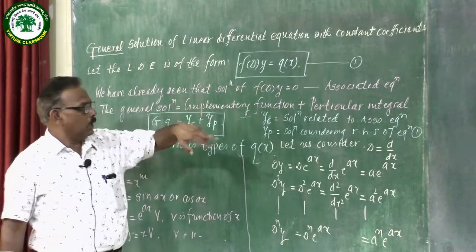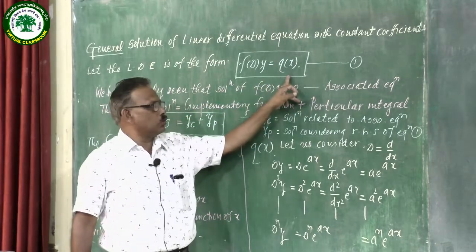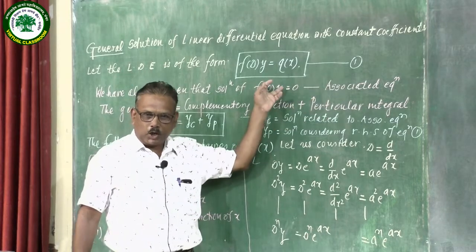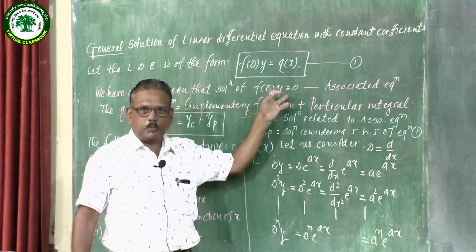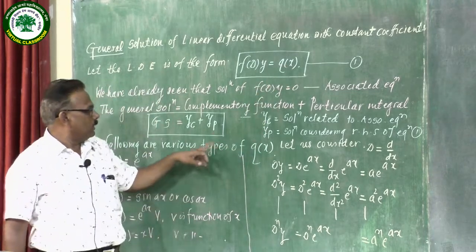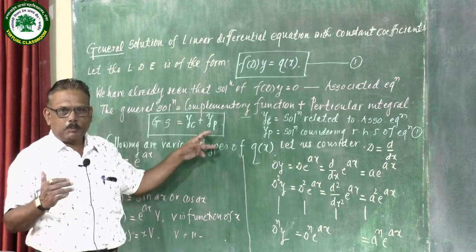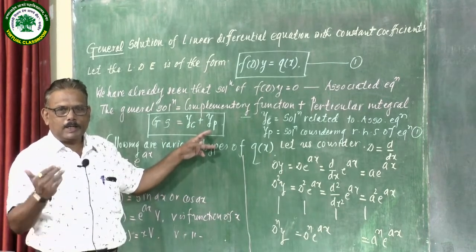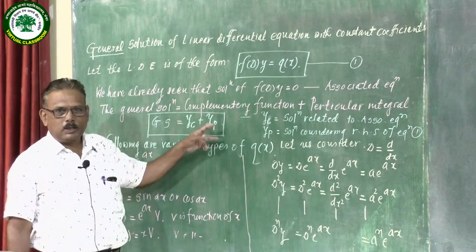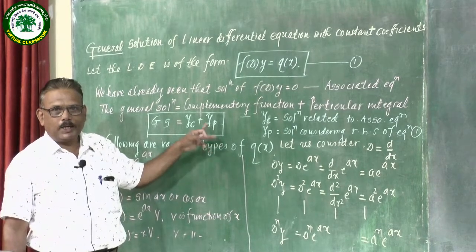In the first part, when you take the right hand side Q(x) equal to 0, that equation is known as the associated equation. To find its auxiliary equation, its roots and the solution, that solution is known as the complementary function. The other part is when the right hand side is equal to Q(x), and that solution is known as the particular integral.